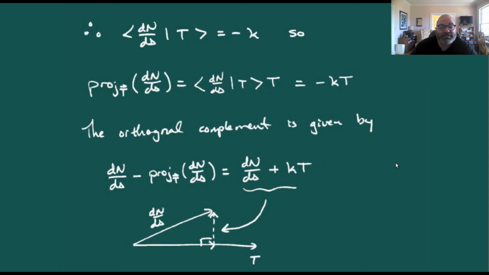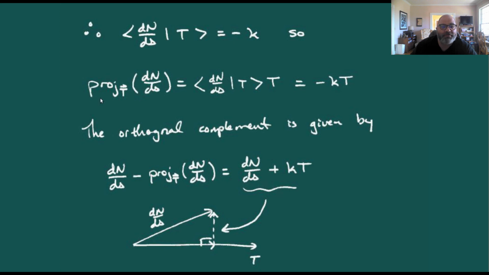What that means in this case is that for the derivative of the normal vector with respect to arc length, because T is a unit vector, the magnitude of that projection is just the negative of the curvature.